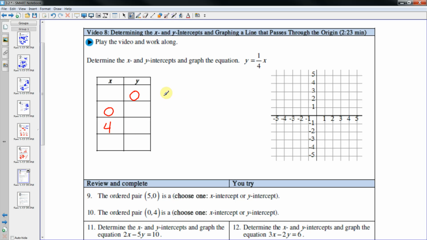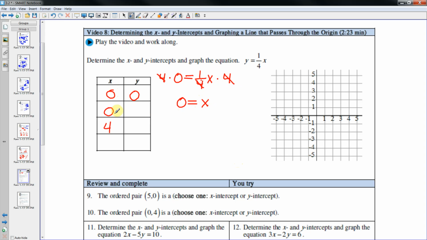So if I'm going to put in a 0 for y, so 0 equals 1 fourth x, multiply both sides times 4 so that I can clear my fraction. So 0 equals x. So 0, 0 is going to be my x-intercept.